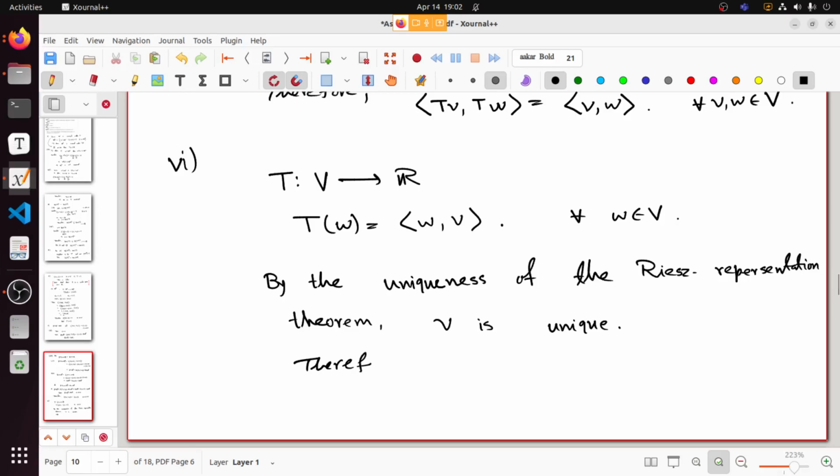Therefore, there exists at most one V. Right. So option number 6 is correct.